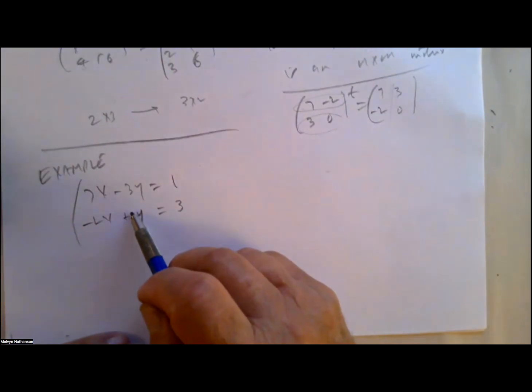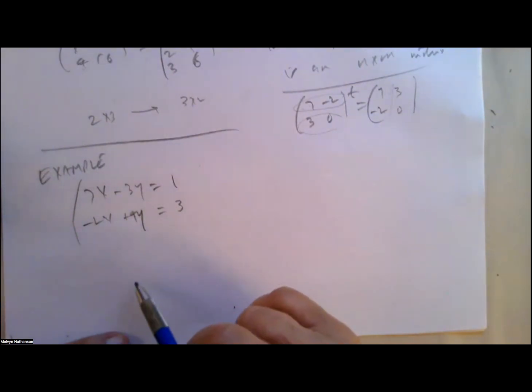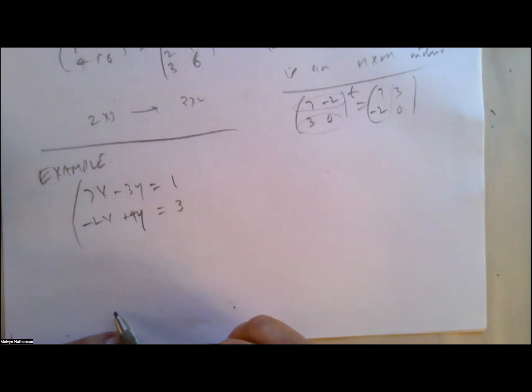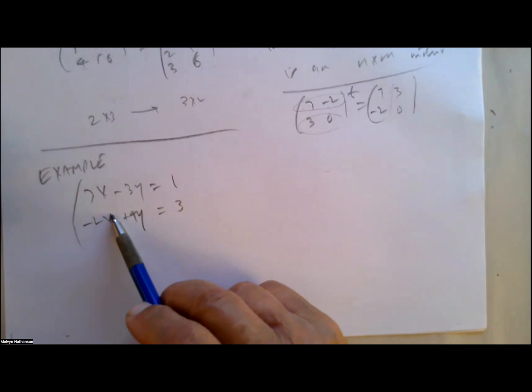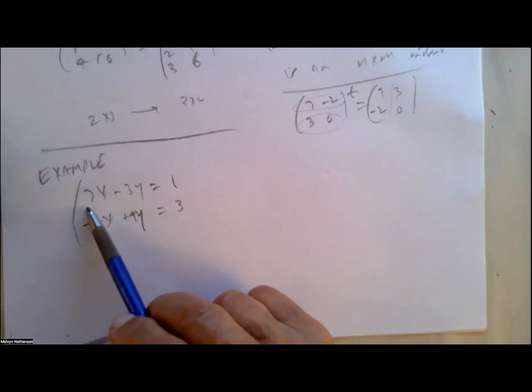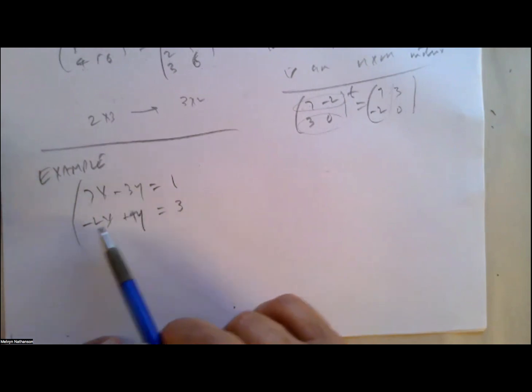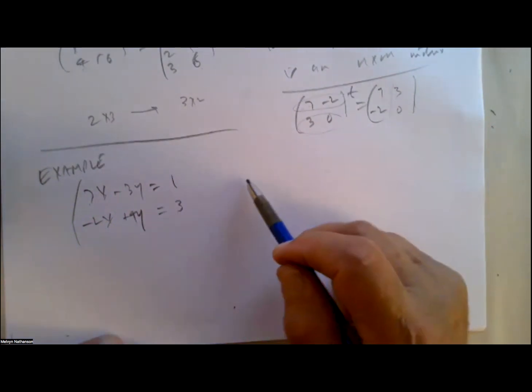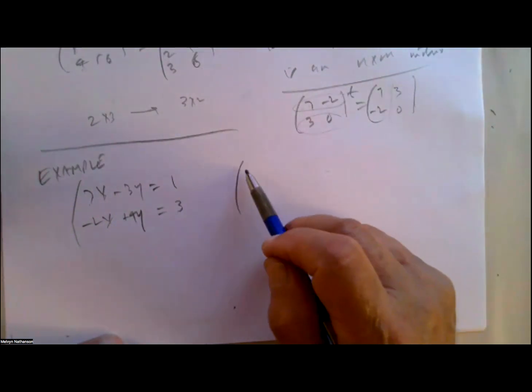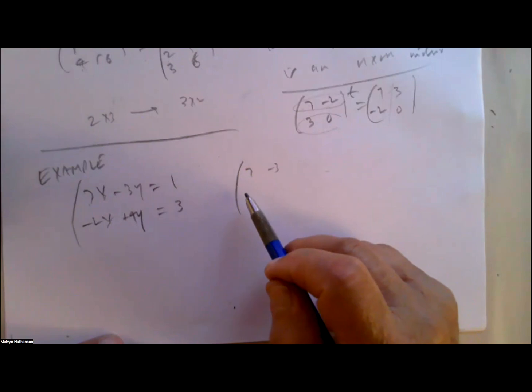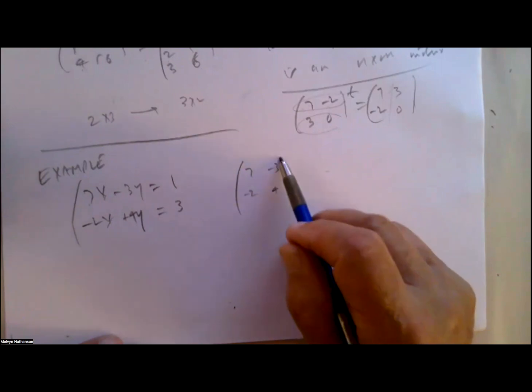Let me make this a 4 just to make it a little bit simpler. So if I look at the coefficients of the equations, 7, minus 3, minus 2, 4, I can write that as a matrix [7, -3; -2, 4].